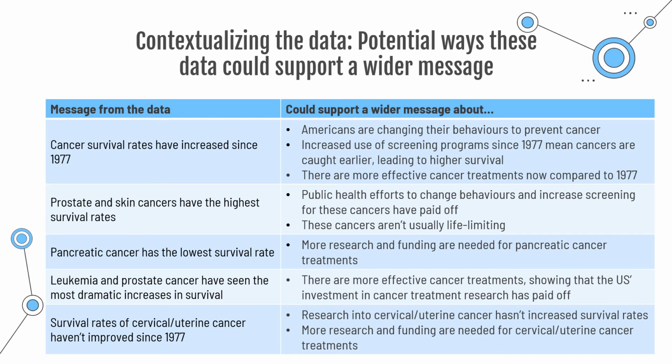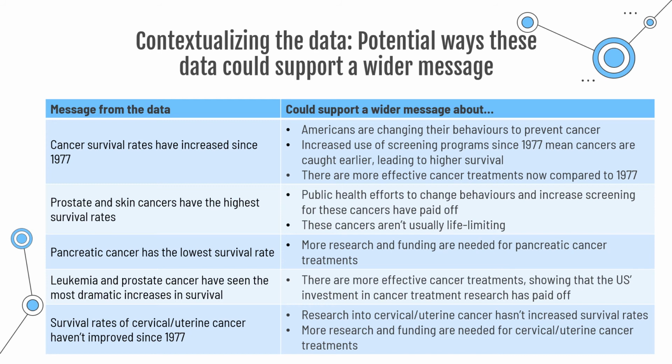This slide shows some potential ways that the data set could support a wider message based on the key message that you want to convey directly from the data. So I'm not going to go through the entire table, but I want to highlight a few examples.